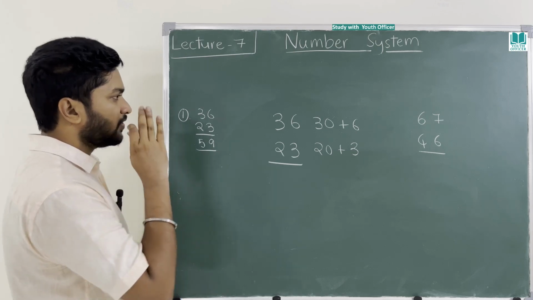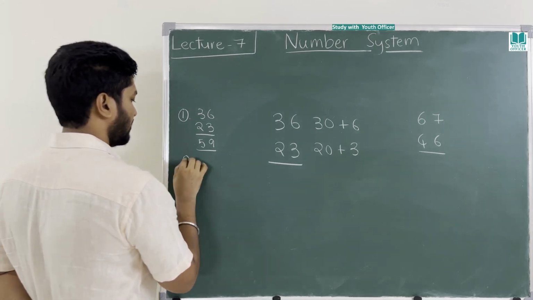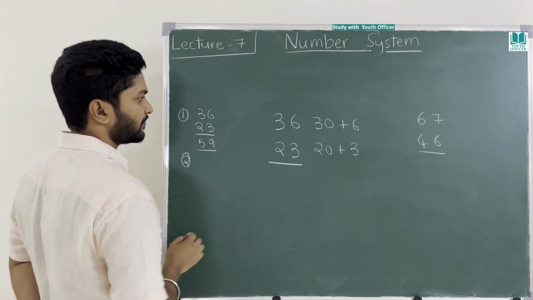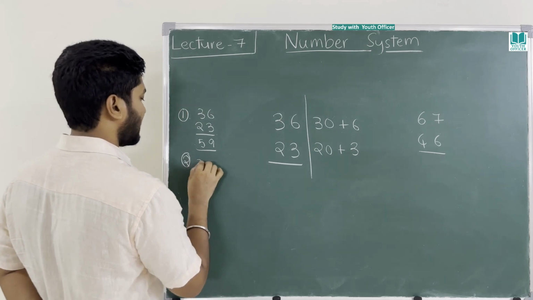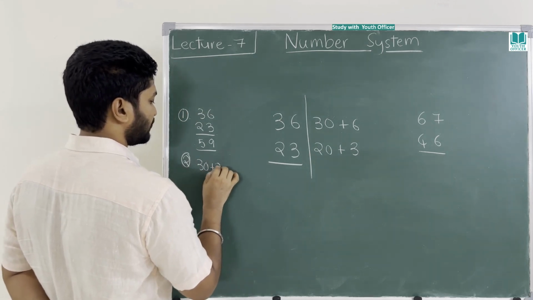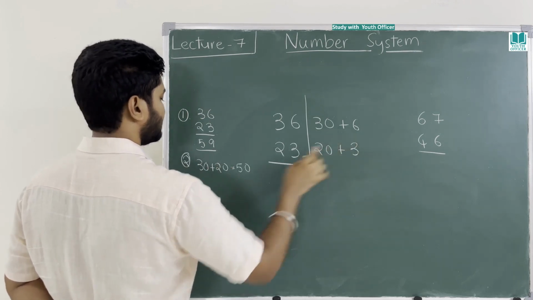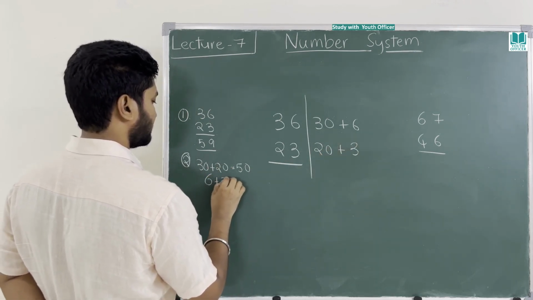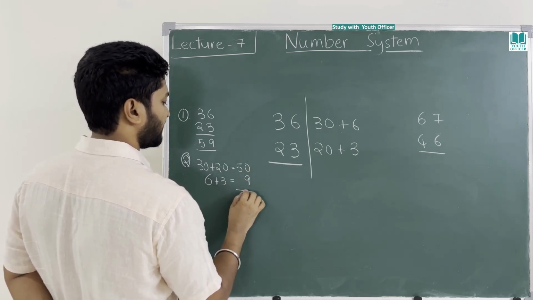So the main motto is that you have to do all the calculations in your brain. Now process number 2. First I'll add 30 plus 20. How much is this? 50. 6 plus 3 in the brain, 9. Now you add both of them, 59.